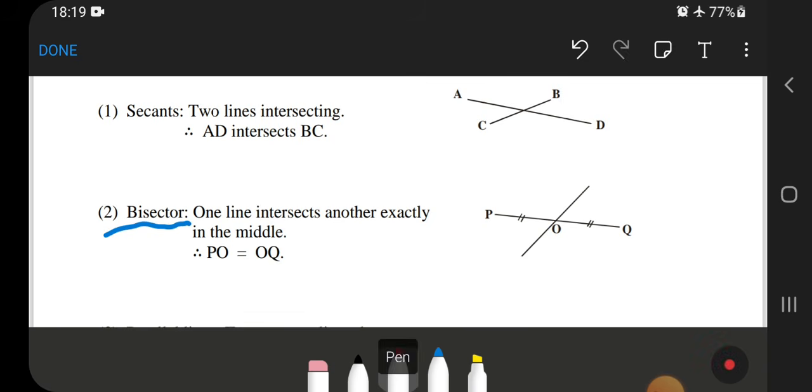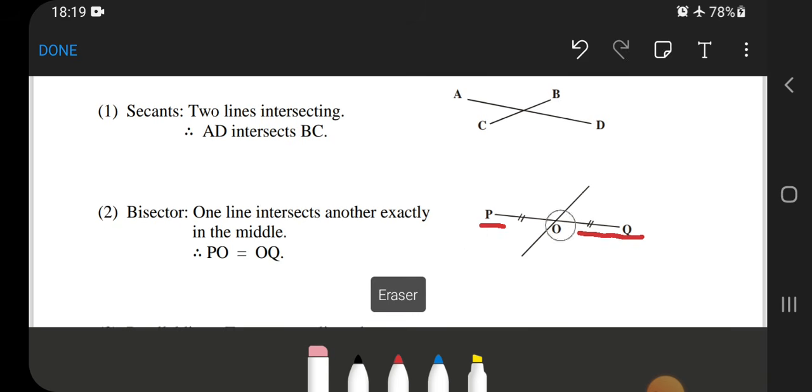As you can see here, they've cut into half. So PO, this part, is equal to this part. So these lines are bisecting. One line intersects another exactly in the middle.